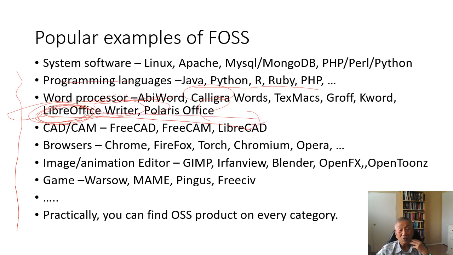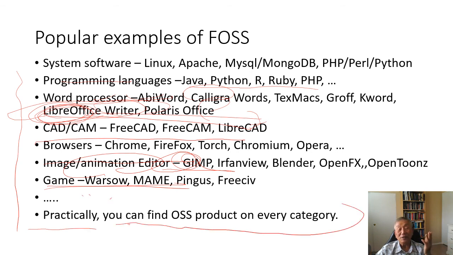When I was in Mongolia, we were using strictly that, and a lot of CAD/CAM, browsers, and image and animation editors. GIMP is a very good one. It's a little hard to learn, but it is very useful. And game playing, and so on. So practically in every field you can get the right kind of OSS software.